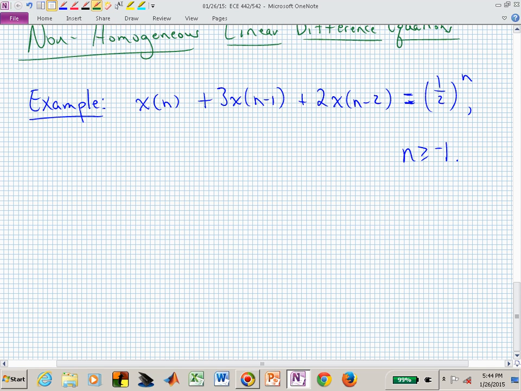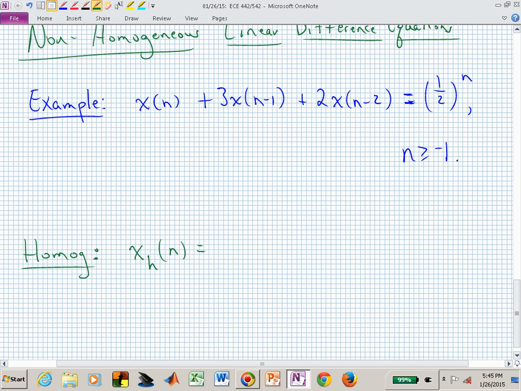The first thing you might do then is say, okay, let me examine the homogeneous solution. What did we learn last time? What was the homogeneous solution, x sub h of n? We actually found a structure for that, didn't we? We found the generic structure a z to the n.